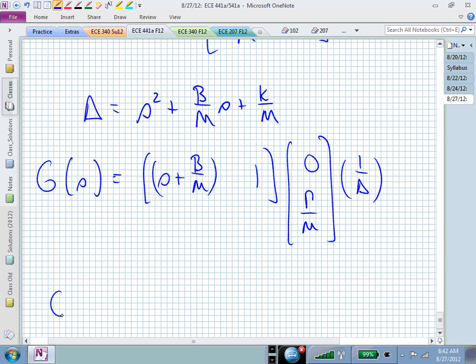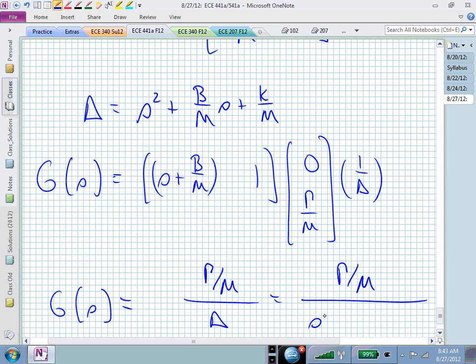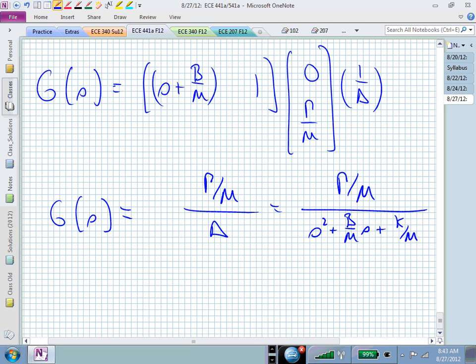So I end up with G of s is gamma over M over delta, which was gamma over M over s squared plus B over M s plus K over M, and that better be the same as what we had before.